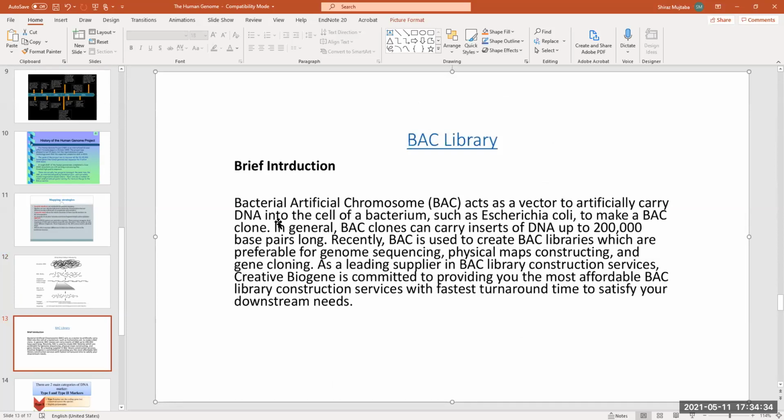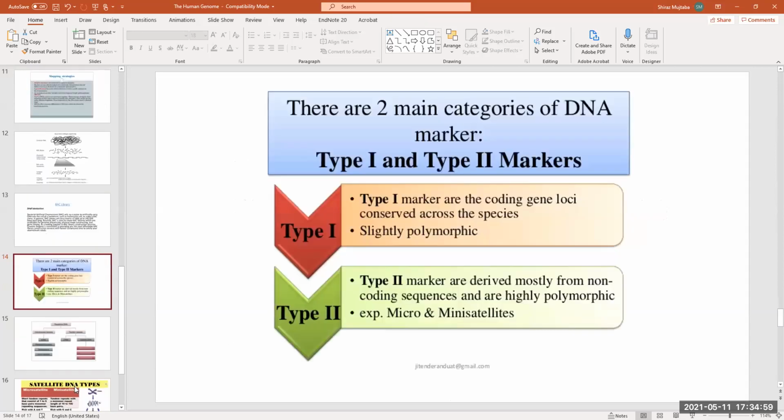A BAC is a bacterial artificial chromosome that acts as a vector to carry DNA into the cells of bacteria such as E. coli. In general, BAC clones can carry inserts of 200,000 base pairs. Recently, BACs have been used to create libraries for genome sequencing, physical maps, and so on.